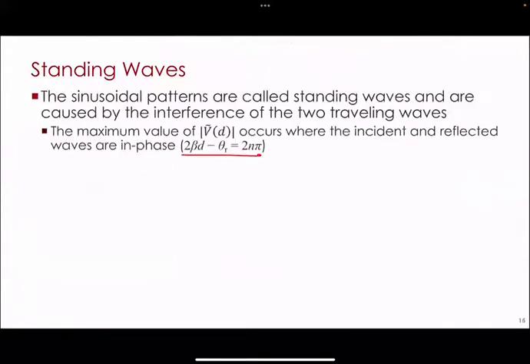So the maximum is 2n pi, where n can start at 0. Could be 1, could be 2, could be 3. When that's the case, the cos equals 1, and we're at a maximum.